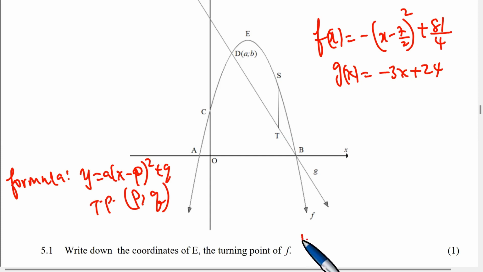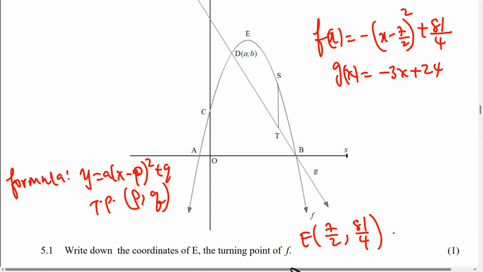Write down the coordinates of E: 7 over 2, 81 over 4. Because it's negative inside the bracket, you write it as it is. If it were positive, then you would put a negative. Then you have the 81 over 4. Those would be the coordinates of E, which is the turning point of the graph of F.